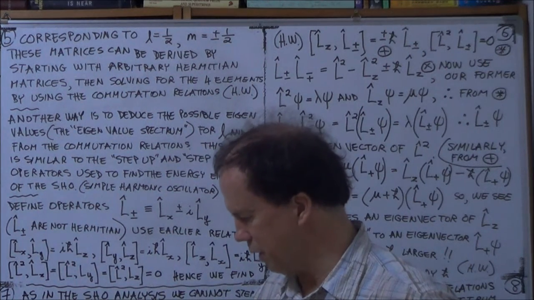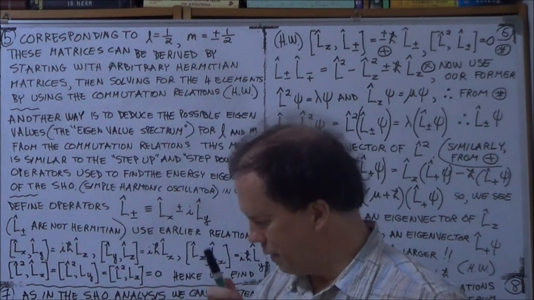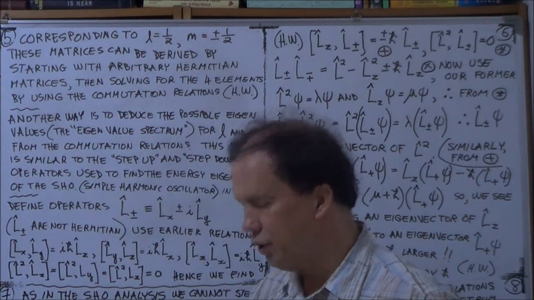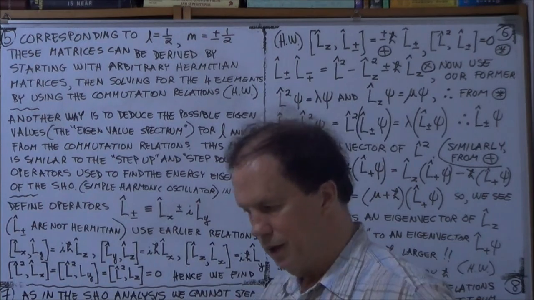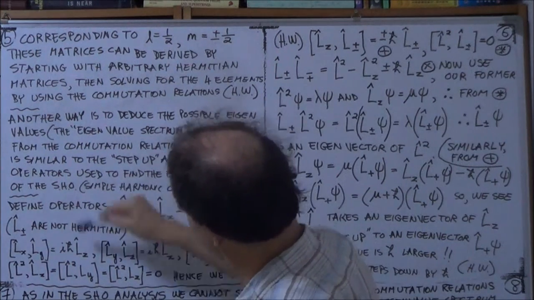A diagonal matrix is to be expected. But concentrate on the 3/4 h bar squared times 1, 0, 0, 1.